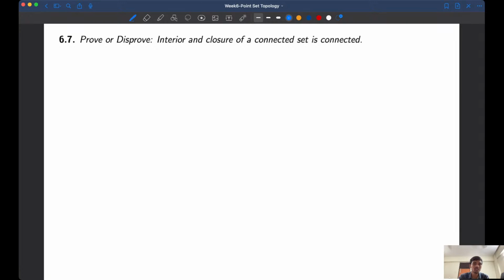So whether the interior of that set is connected, and mainly I wanted to say about the boundary. Is the boundary of a connected set connected or not? Whether this is true or false, what do you think?